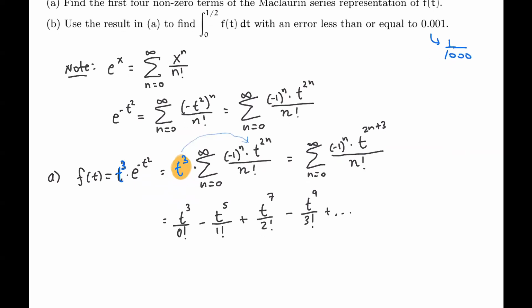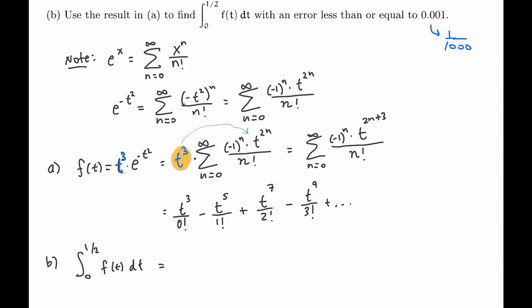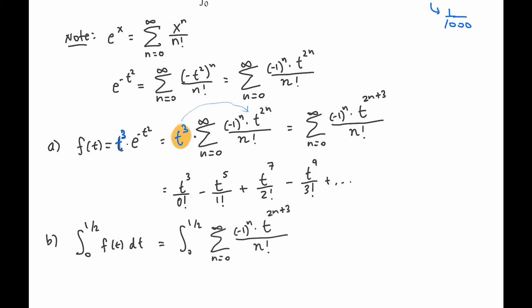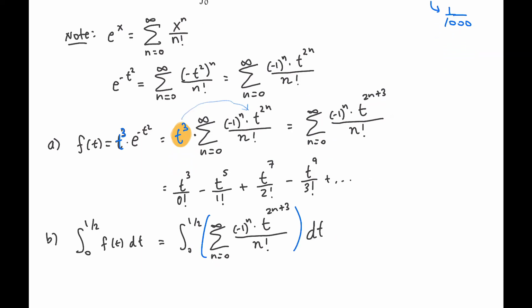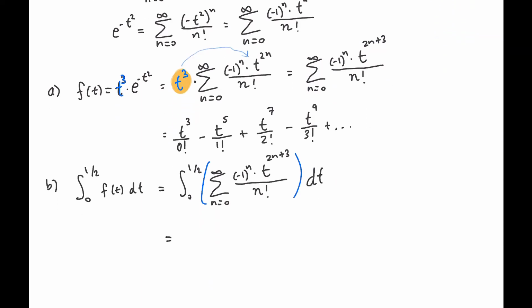So for part B, we're considering the integral from 0 to 1/2 of f of t dt. F of t was this guy here. There we go, dt. So how do we do the integral for this? We have the sum from n equals 0 to infinity of -1 to the power of n divided by n factorial.